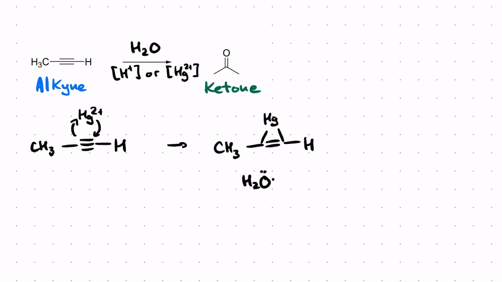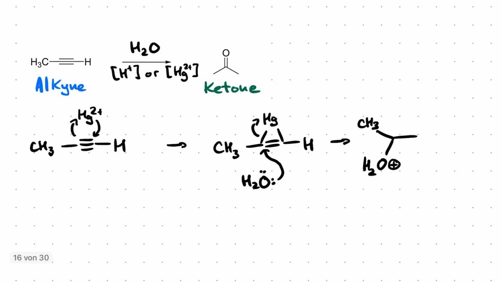Just consider this as kind of an activation step for the molecule, because now a water molecule can easily disrupt the second pi bond. Mercury is left only with one bond now, so it has a positive +1 charge.